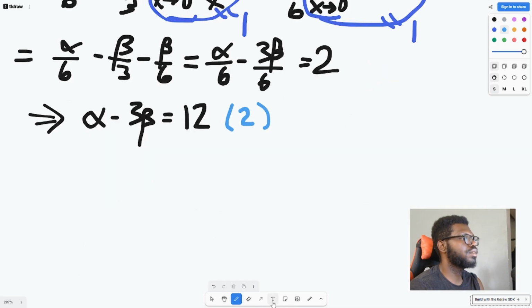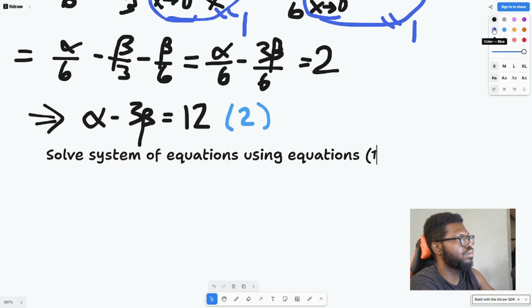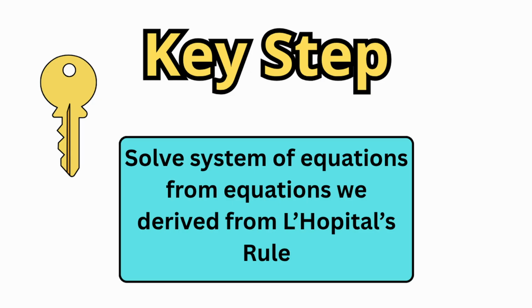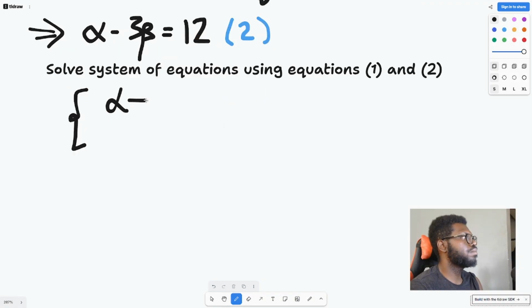I'm going to write: solve system of equations using equations 1 and 2. We end up with the following system. Alpha plus 2 beta is equal to 0, and alpha minus 3 beta is equal to 12.